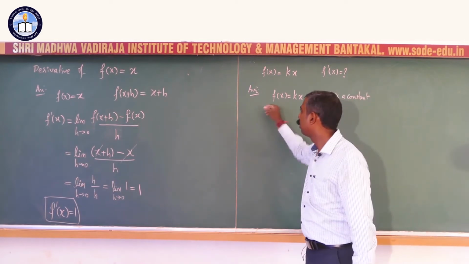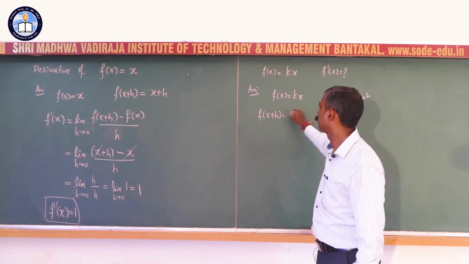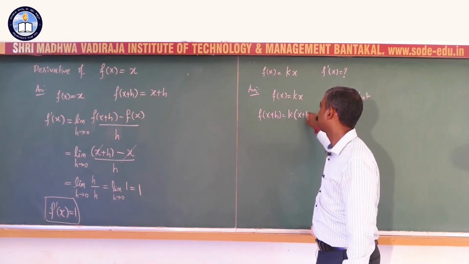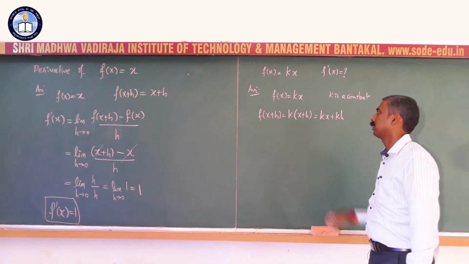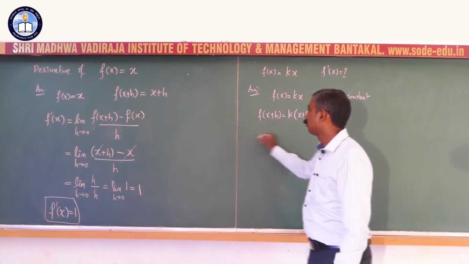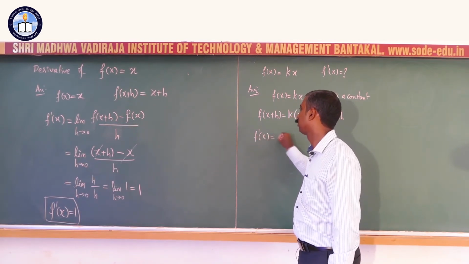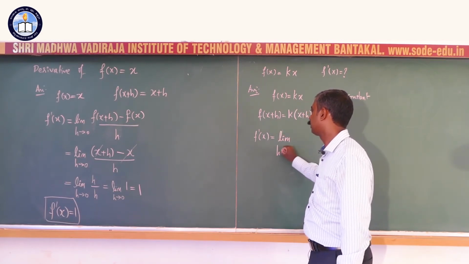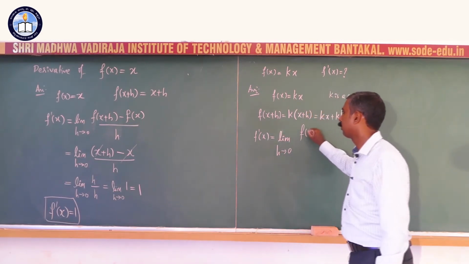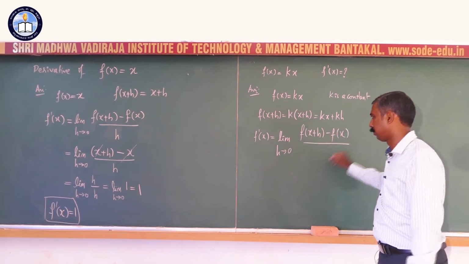Let us go for f of x plus h. x is replaced by x plus h. It is kx plus kh. So, again f dash of x is equal to limit h tending to 0, f of x plus h minus f of x divided by h.